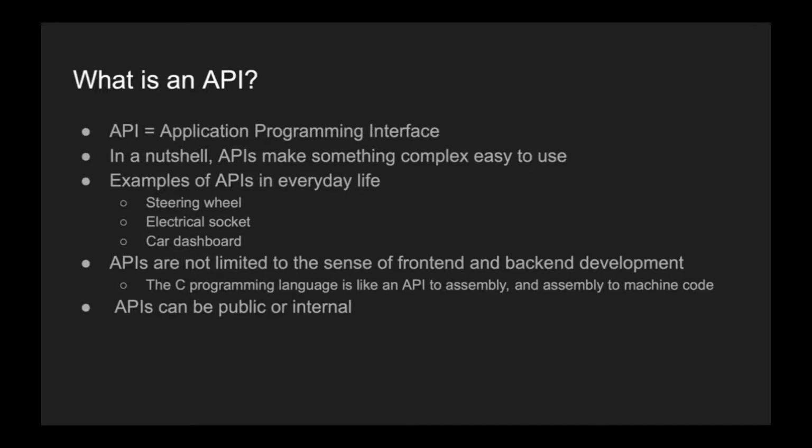Another thing you can think of is, if you've ever done Android development, there are certain functions that the Android software development kit gives you to utilize hardware components on the phone, for example the camera.